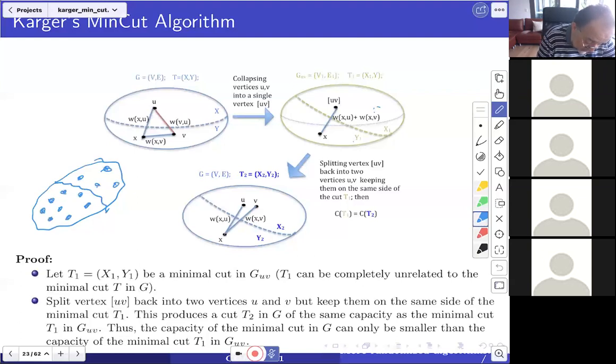So your options for values of capacities of cuts in G are larger than your options for capacities in the collapsed graph.